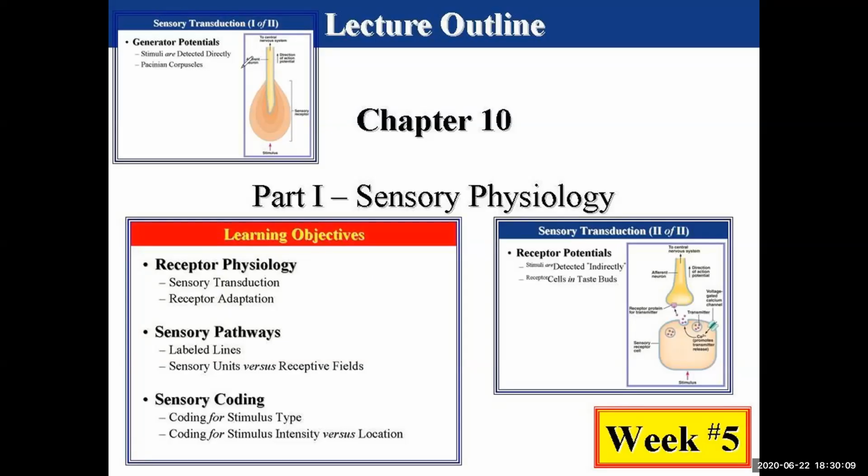of the first order neuron, called an afferent neuron, or first order neuron, or ascending neuron, which is a sensory neuron, to fire action potentials and propagate that action potential toward the spinal cord, right? This sensory neuron, this first order neuron, has its cell body located in the dorsal root ganglion, right?